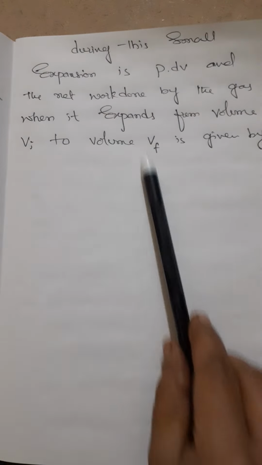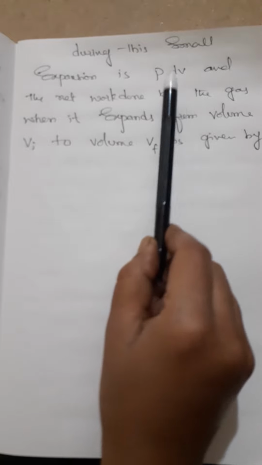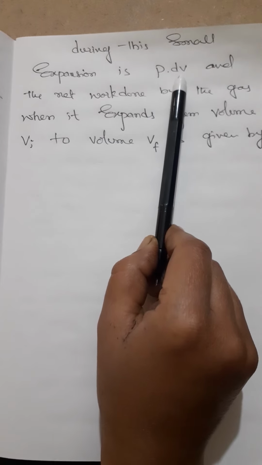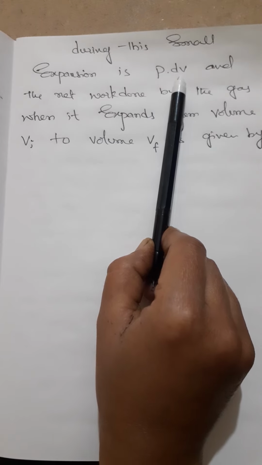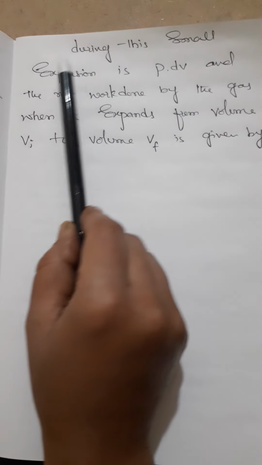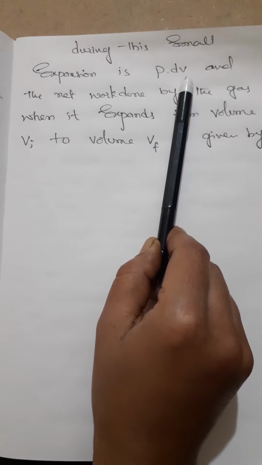Work is force into displacement. In terms of gases, force is pressure, and displacement we can take in terms of the volume element dV. So the small work done can be given as P dV.